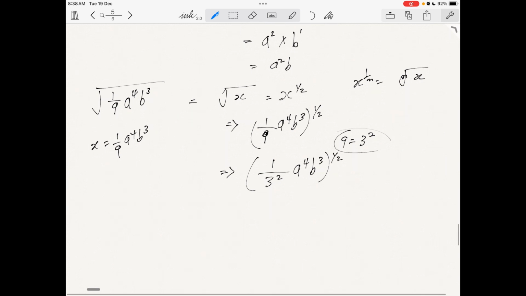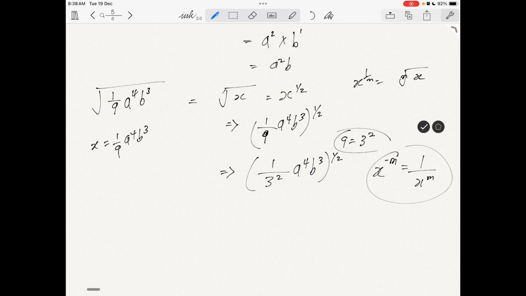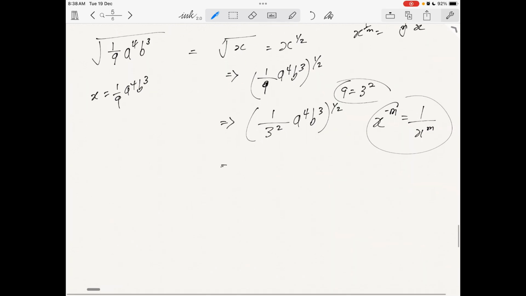Now remember that x raised to power minus m is equal to 1 over x raised to power m. So if we move backwards in this order and apply it to 1 over 3 squared, this will give us 3 raised to power minus 2, because we are moving in reverse order, a raised to power 4, b raised to power 3, all raised to power half.